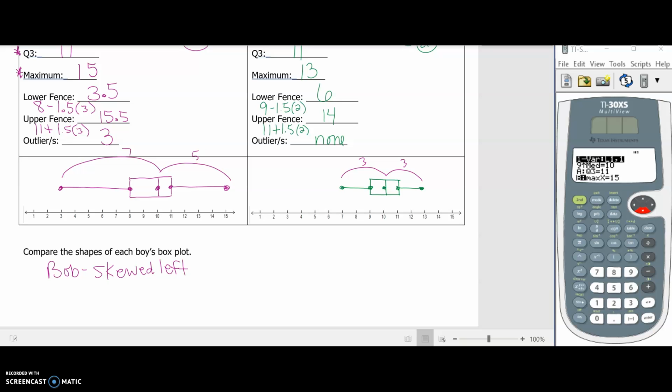So since our differences are similar, we say Tanner has a symmetric shape. And there we have a box plot, and it's constructed, and we've compared the shapes. I'm going to stop the video here, and we will continue in video part 2 to construct a histogram and dot plot.